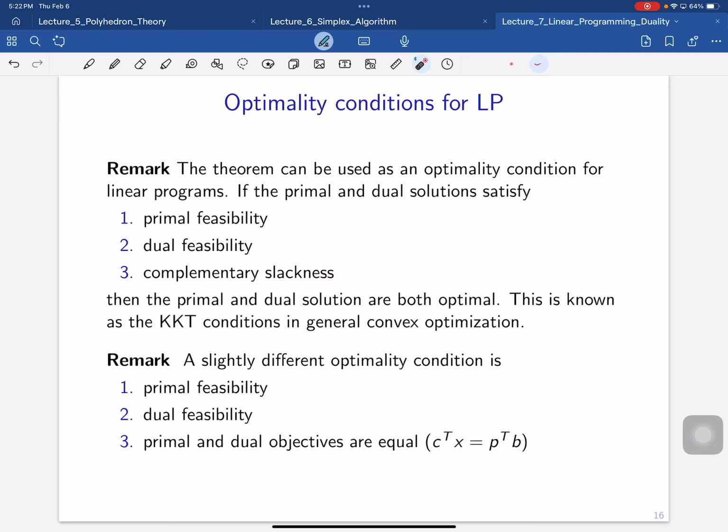A slightly different optimality condition is primal feasibility, dual feasibility, and the primal and dual objectives being equal. They are just equivalent to each other, because the difference of these two objectives is nothing but the sum of the Ui's plus the sum of the Vj's. That's essentially complementary slackness.